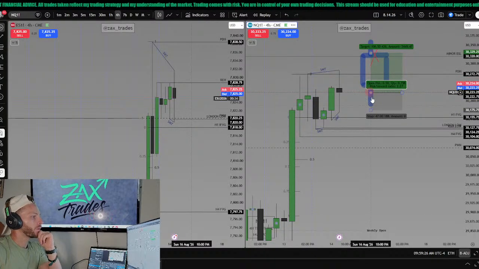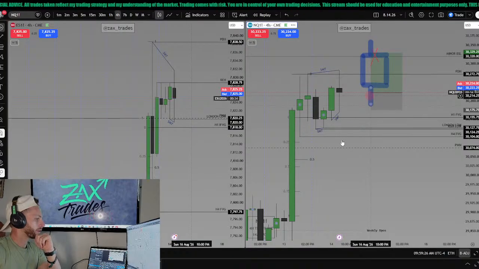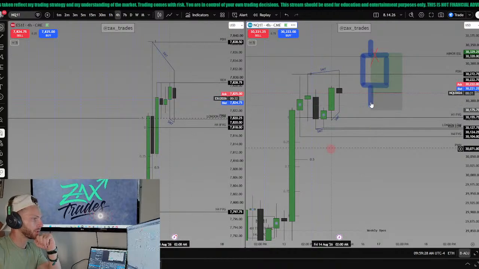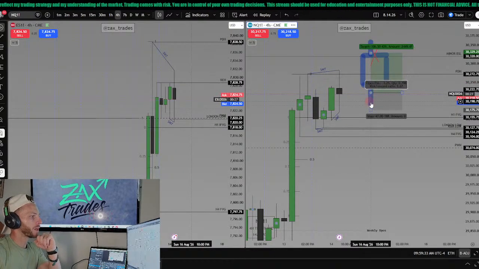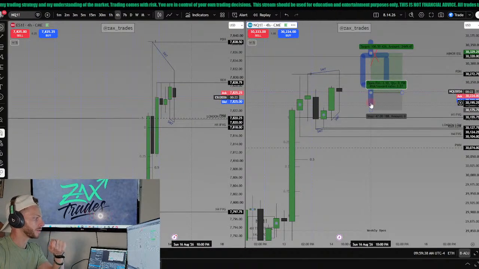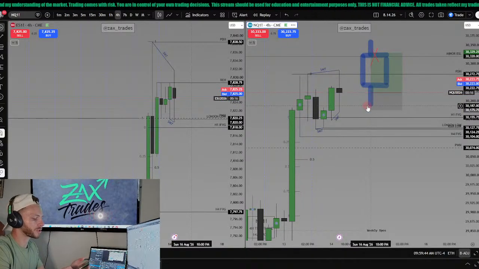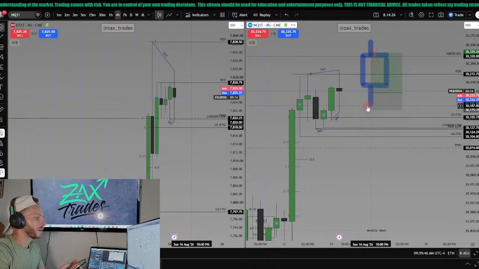And the way in which I try to do this is I try to pinpoint where this wick is going to manipulate into. If you can paint that picture every day at 10 a.m., which direction is this thing going to manipulate? Or which direction do I want to trade?